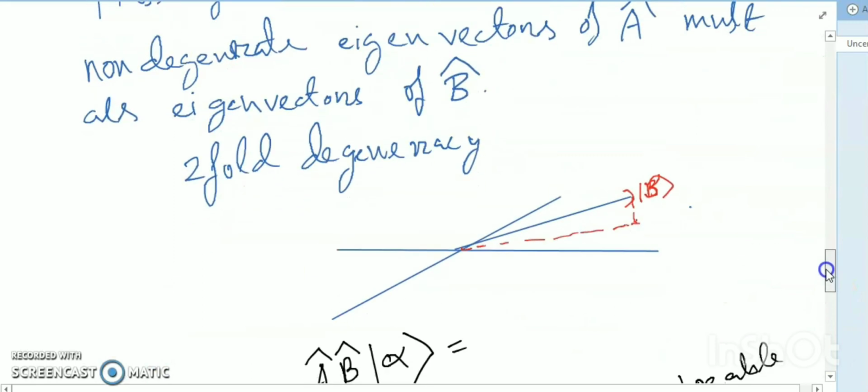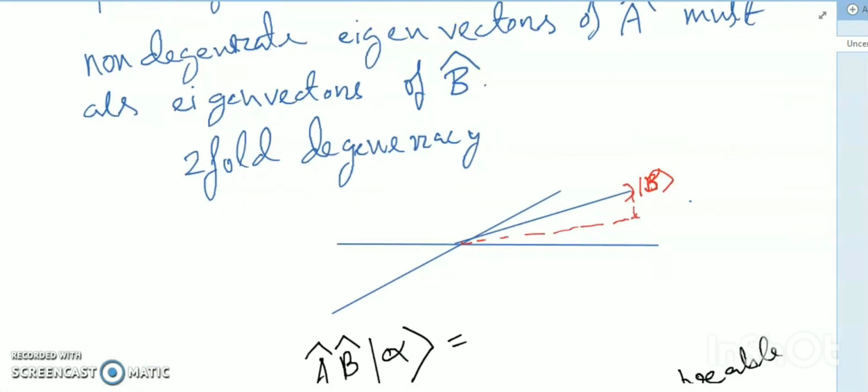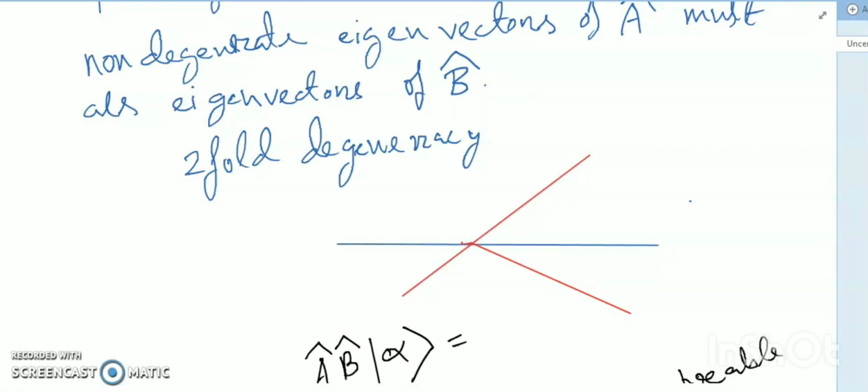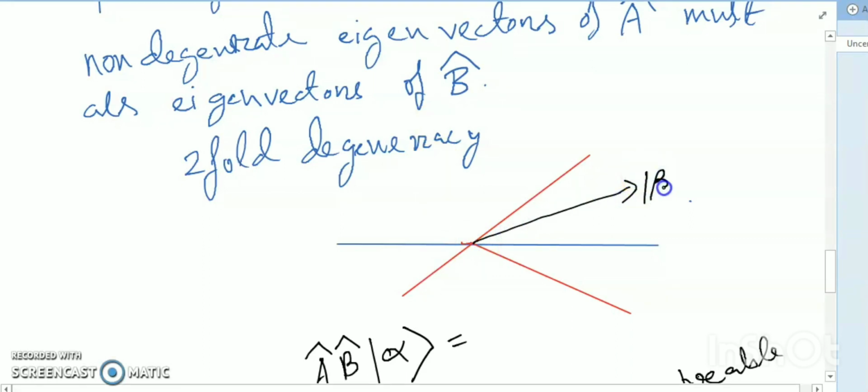So we go to our drawing here. It is beta 1, it is beta 2.